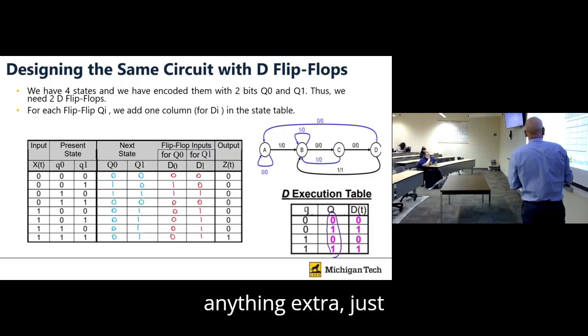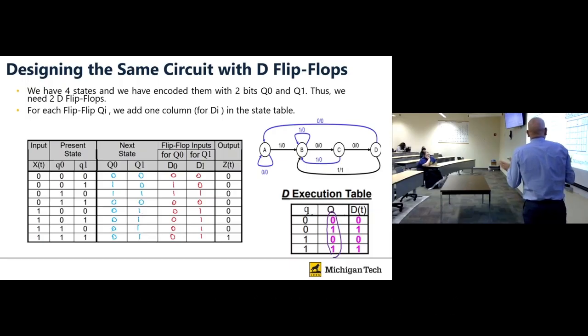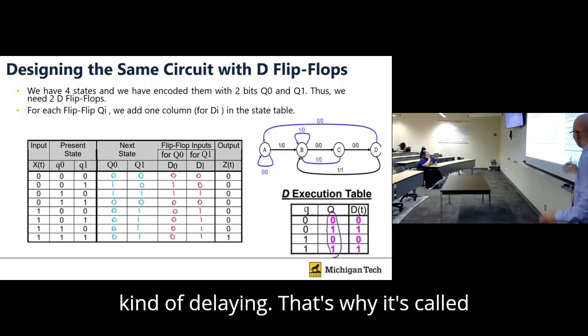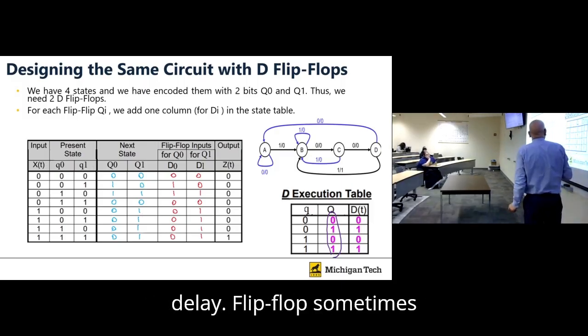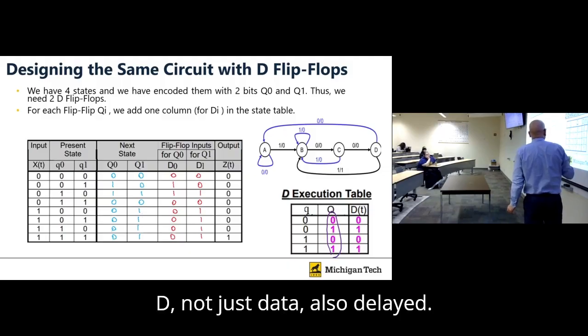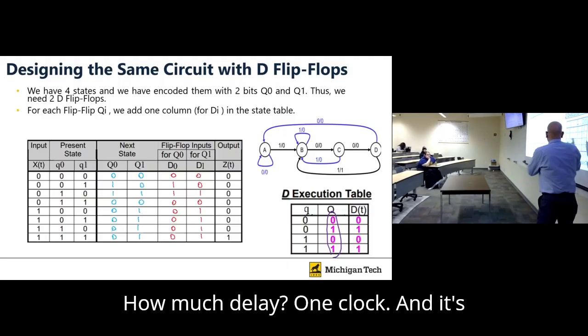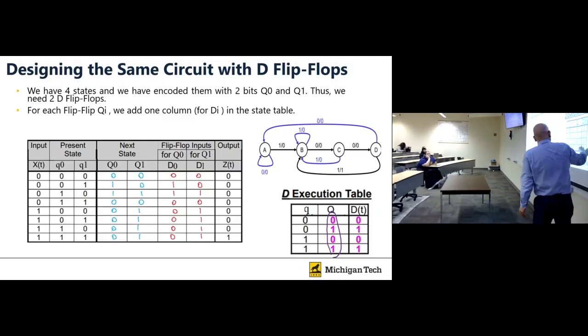It's not doing anything extra, just delaying. That's why it's called the delay flip-flop. Sometimes D means not just data, but also delay. How much delay? One clock. And it's exactly the same.